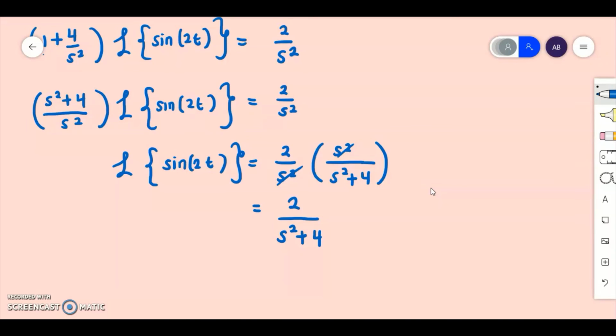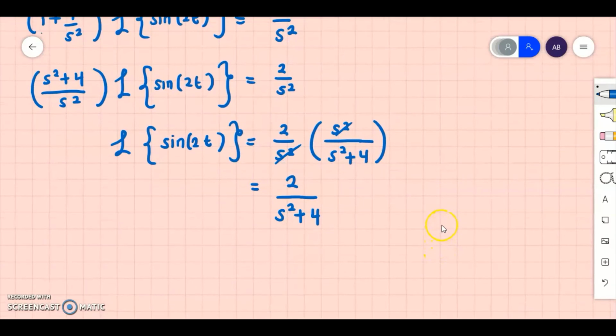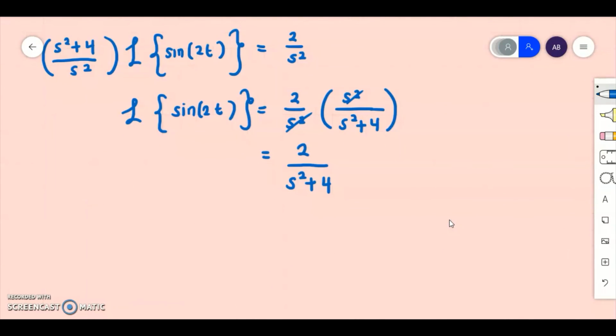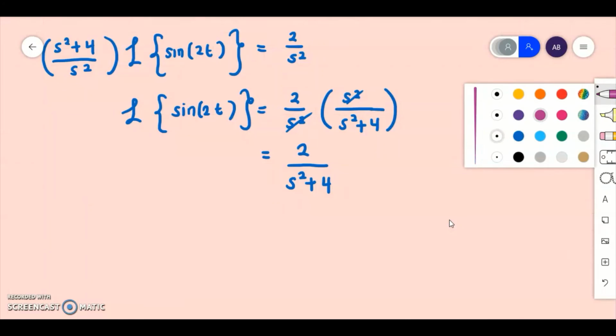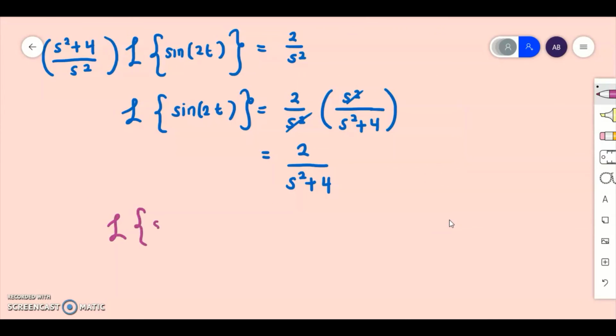Okay, so what we can say here, if I have the definition, the Laplace table definition, I can say that the Laplace of sine at is given as a over s squared plus a squared.